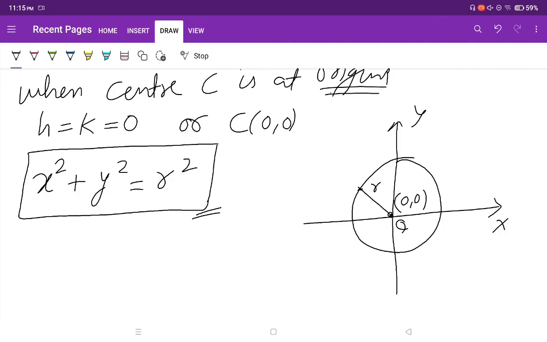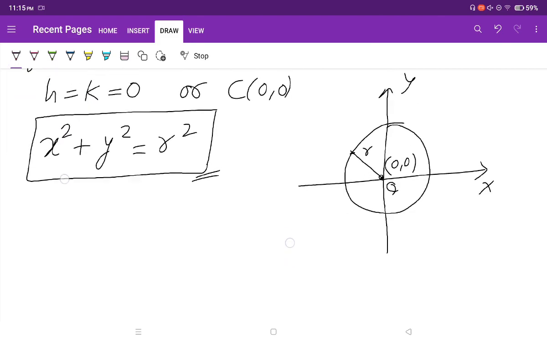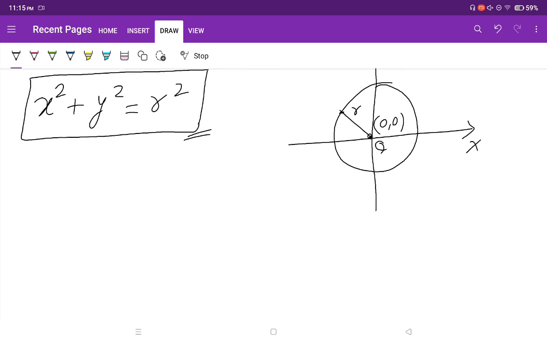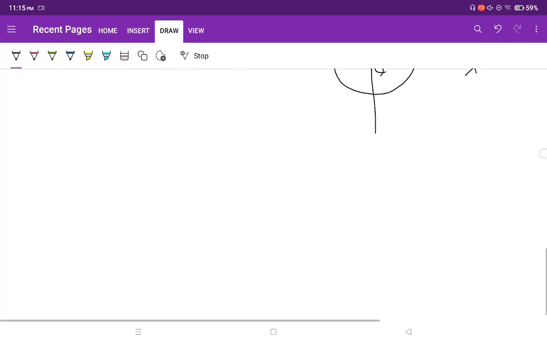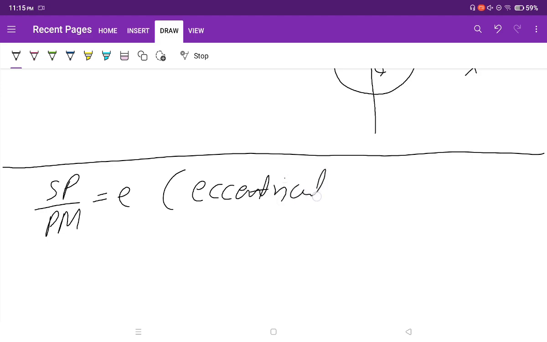Now we have already seen in conics that hyperbola, parabola, ellipse are all part of conics, right? Now, how do we relate a circle with the conic? We have already seen that in a conic, SP by PM equals e, which is eccentricity, right?